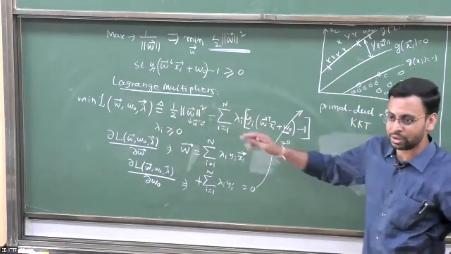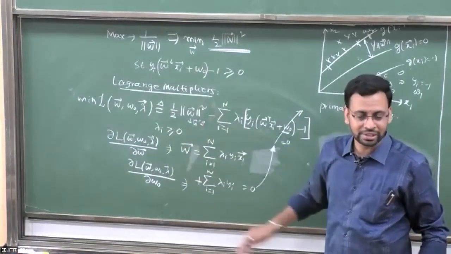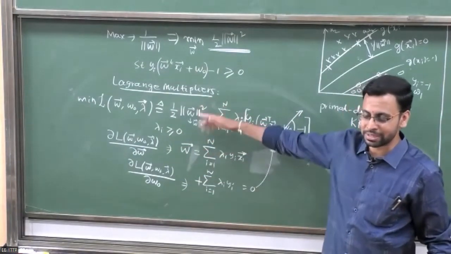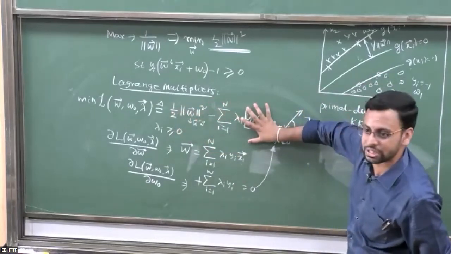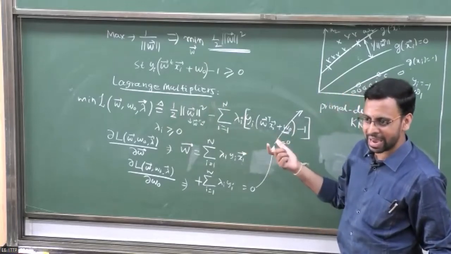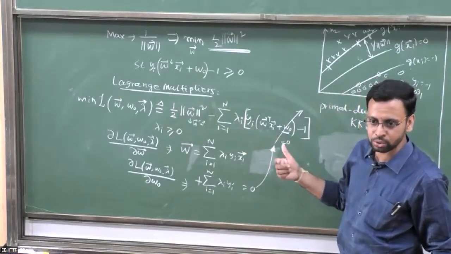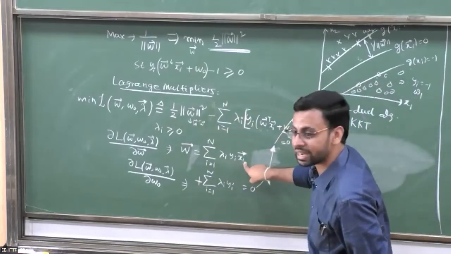Do you see that? I think it is easier to show here. It is less time consuming and perhaps easy for you to visualize also. This is just half of this term. Without this half is what you are getting here. This happened not out of the blue, because your w bar has lambda i, yi and xi.